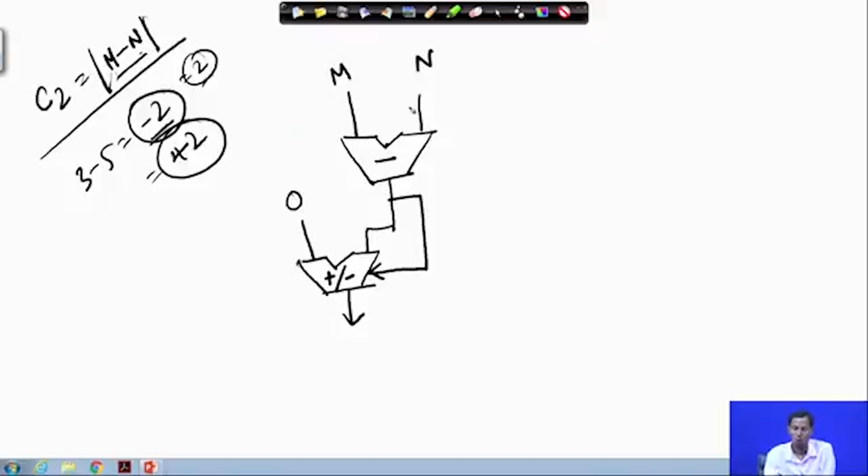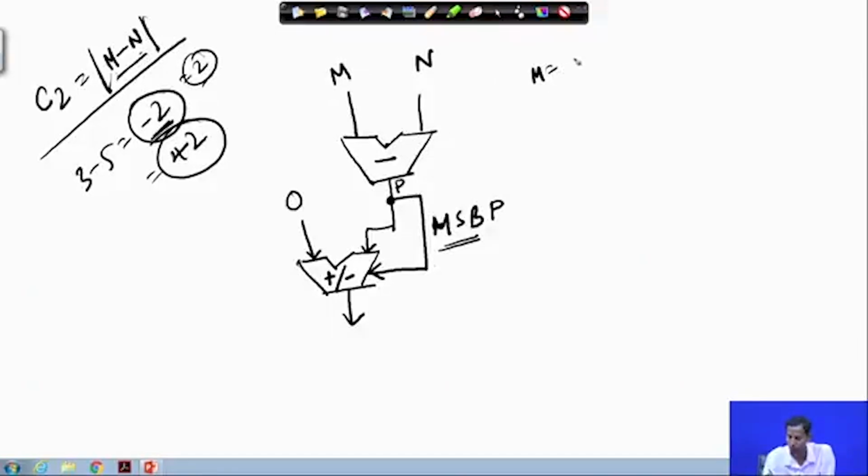Because whenever this is negative, the MSB of P, let us consider it P, the MSB of the P signal. In this logic, 0 means addition and 1 means subtraction. Okay. Let us take one example.